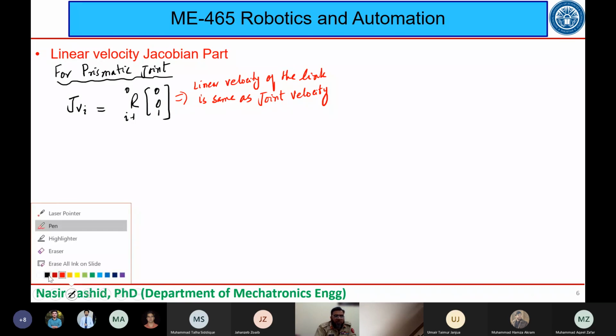ओके, now let us talk about for revolute joint. Let me just take up the black color. So now for the revolute joint.